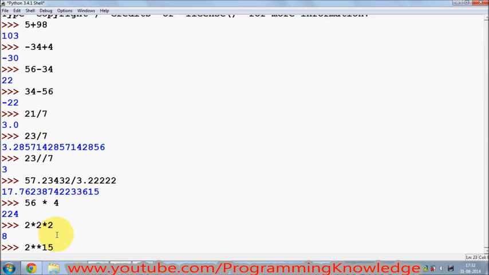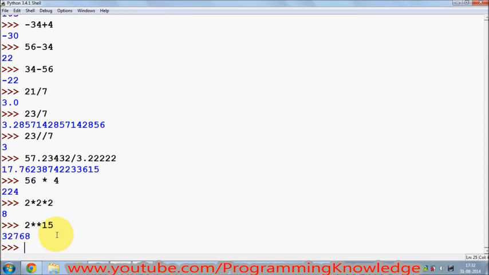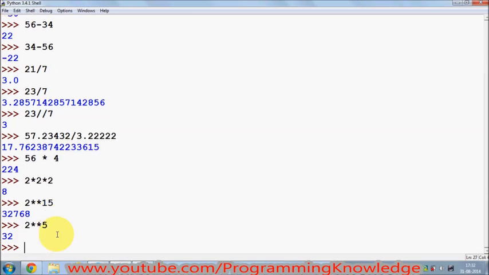So 2 to the power 15 is 32768, or 2 to the power 5 is 32. So this double star or double asterisk you can use to get the power or exponent of your numbers.